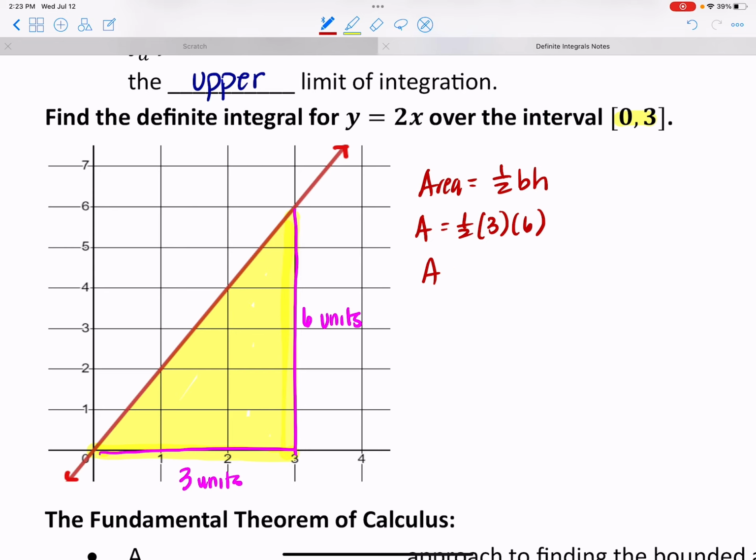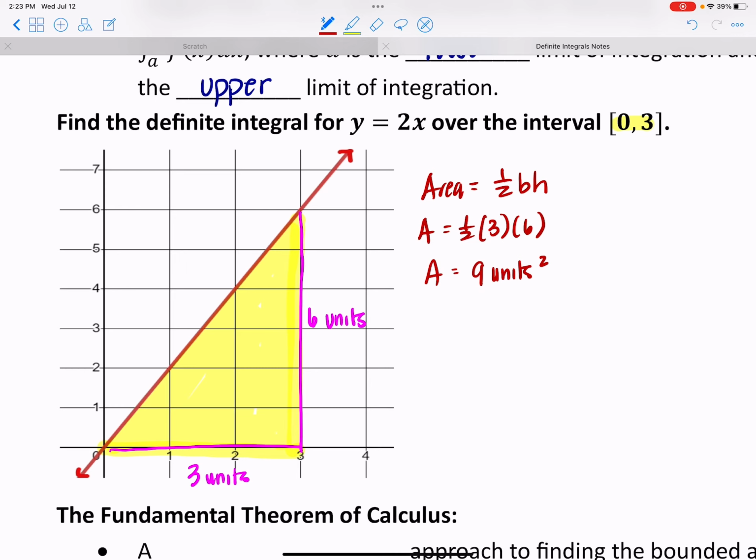So we would say that the area is 9 square units, and that 9 square units represents the definite integral for that curve over that interval. Okay, so there it is. We found a definite integral.